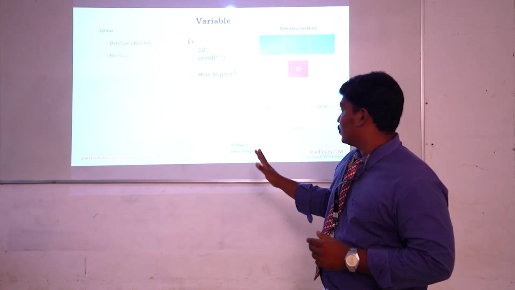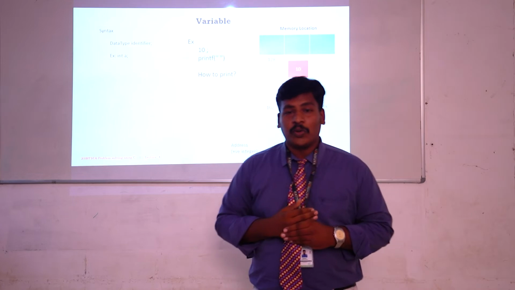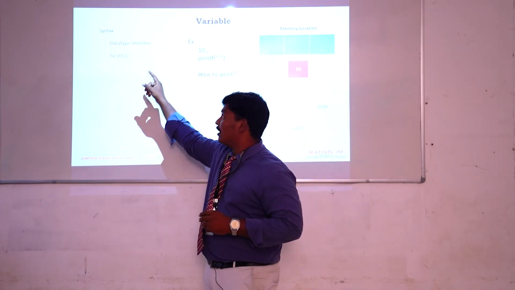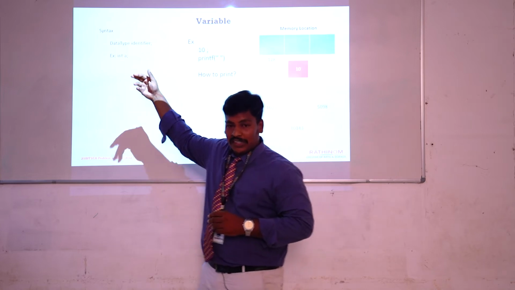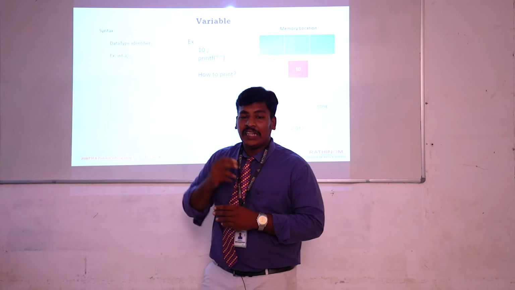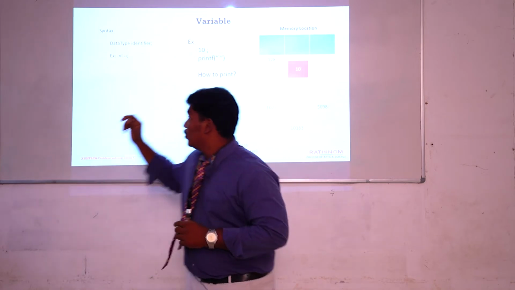So next, variables provide the solution. This is the syntax. We know the data type; data type is the integer, float, anything. The identifier is a container that holds the memory address.